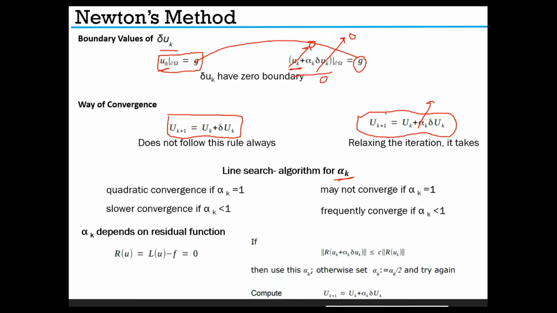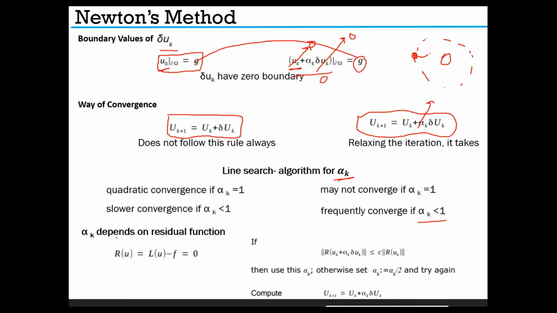That means if we want to make a convergence to the solution and the numerical start point is here, then it will converge very slowly. And what about this one? It may not converge for alpha k equal to 1, but for frequent convergence it must be less than 1.